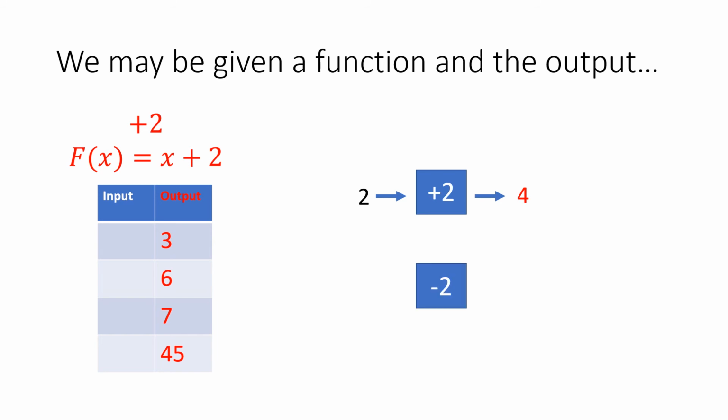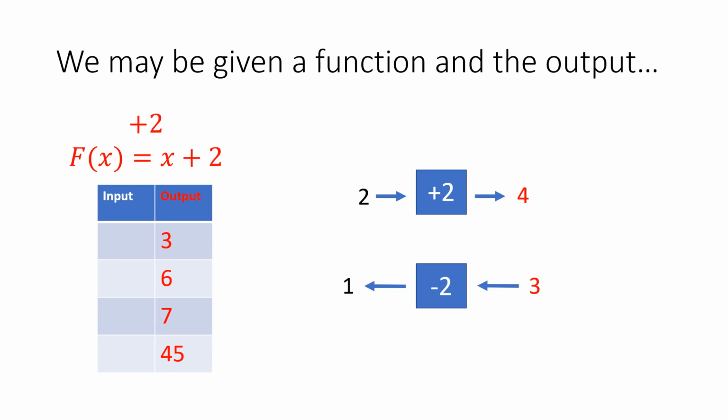Now here we need to perform the inverse operation. So that means that we need to subtract 2 from our output to find our input. So, for example, with the number 3, we subtract 2 and we get 1.